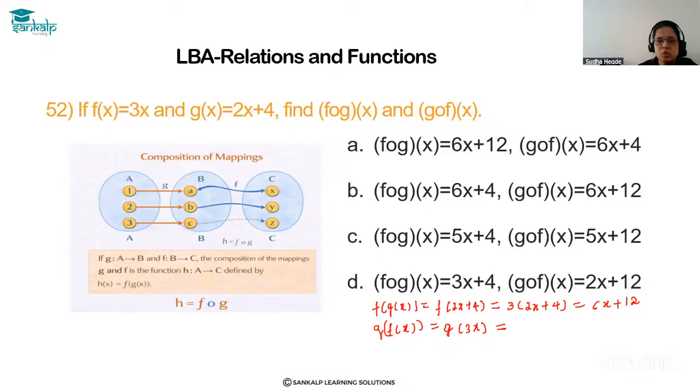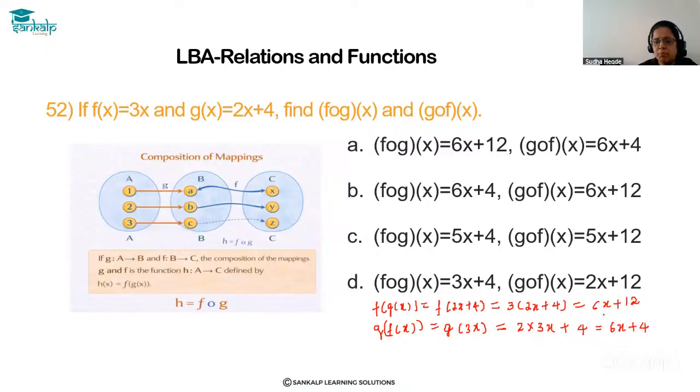G of x is 2x plus 4. Replace x by 3x in 2x plus 4. So 2 into 3x plus 4. Correct?